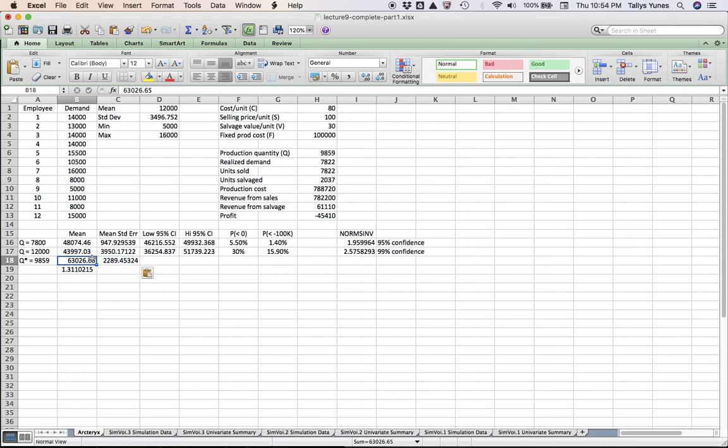So my confidence interval, I can already calculate. It's reasonably narrow, from 58,000 to 67,000. There's not even an intersection of these confidence intervals. So I'm way, way better in terms of the expected profit. No doubt about it.